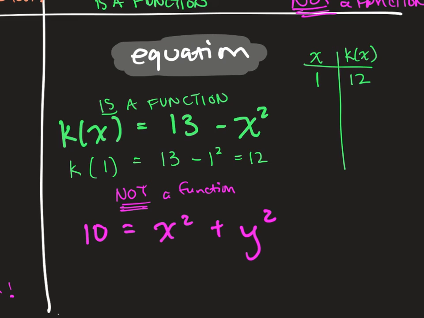So my output is 12. Now let's not have 1 be our input, but let's try inputting 2. Okay, our output is no longer going to be 12. In this case, we're going to have 13 minus 4, so our output here is going to be 9. So input 2, output 9. If we input 3, you can figure this out for yourself, but my output would be 4.